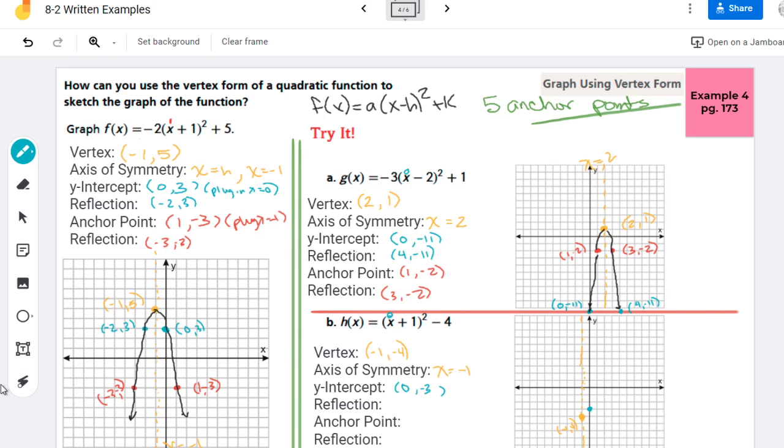And I can confirm that with my A value, right? Since there's no number written in front of the parentheses, there's a 1 there, which means I would go to the side 1 and up 1 to get that y-intercept. Then I'm going to reflect that y-intercept across to (-2, -3) so that I have a second anchor point.